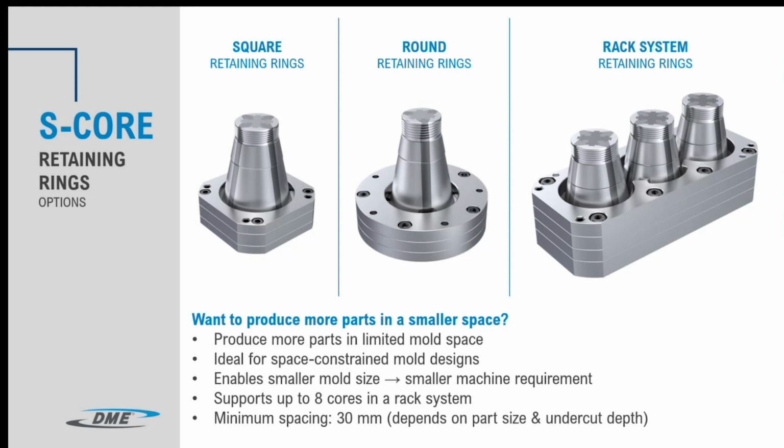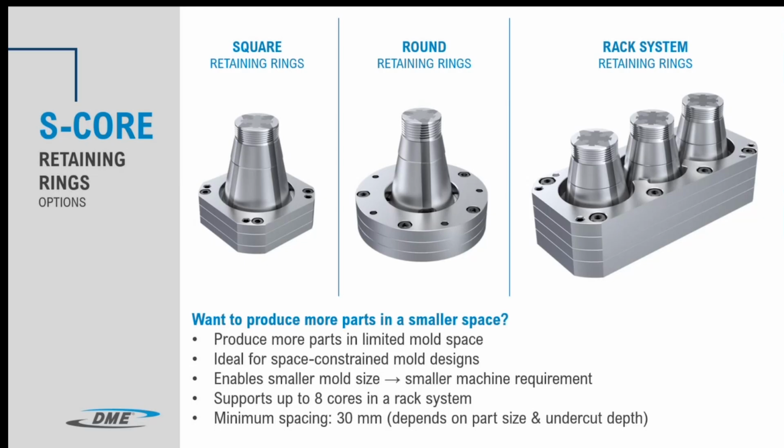And on the right side, you can see our rack system, and why we have this also. Sometimes the distance between undercuts, in this case a thread, is so small that you cannot use a standard S-core with a square retaining ring. It means the space is not big enough to implement this.